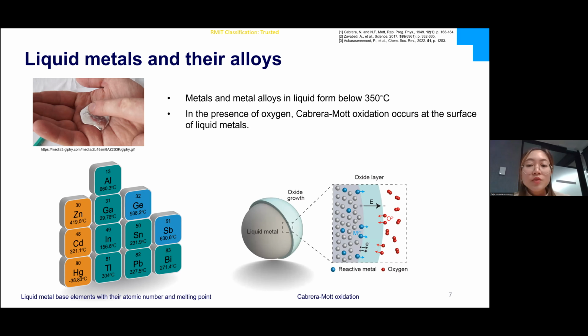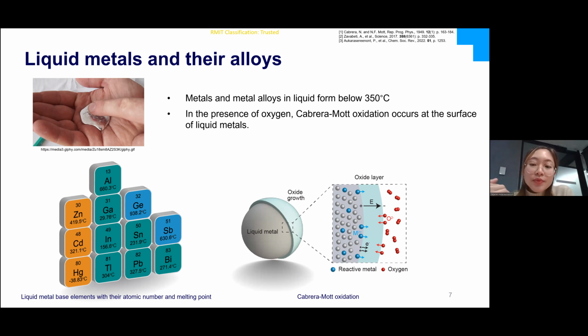So the liquid metals, when exposed to oxygen environments, surface oxidation can occur spontaneously, which can be described by the Cabrera-Mott oxidation theory. The way they described this was electrons from the metal tunnel through the growing oxide layer, resulting in a self-generated electric field called the Mott field.